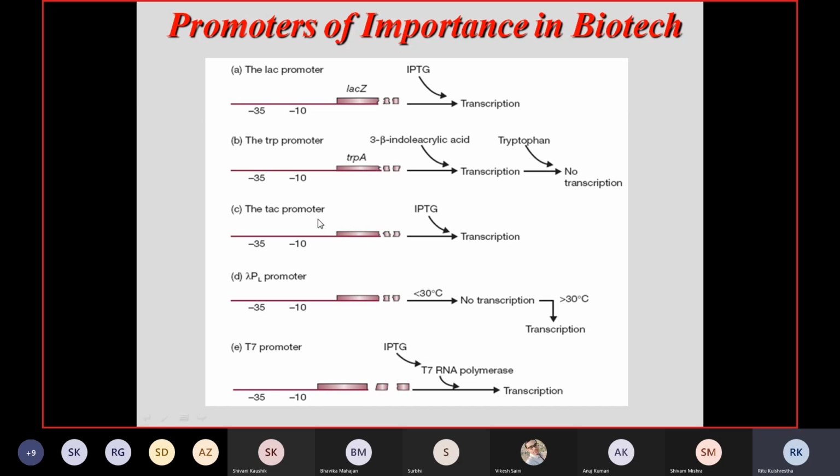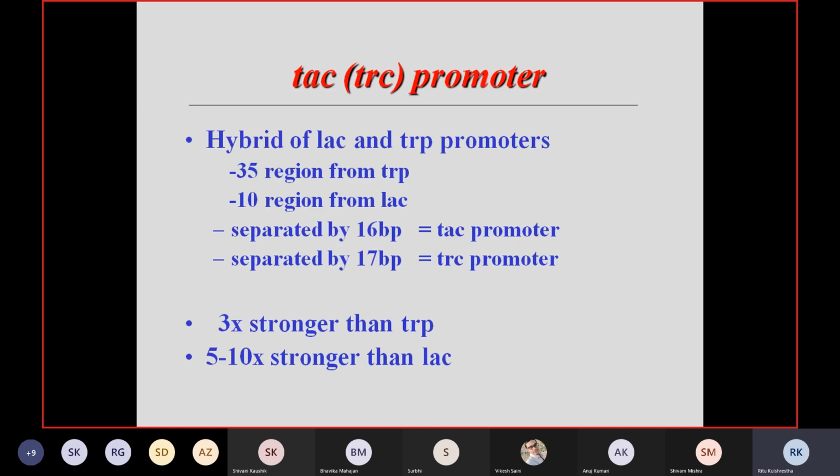There is another promoter, the TAC promoter, which is nothing but a hybrid of these two promoters. So what they have done, smart molecular biologists, they made a hybrid of these promoters. I don't know what reason they had in mind, but the results were very good. The -10 region was from lac and the -35 from the tryptophan promoter.